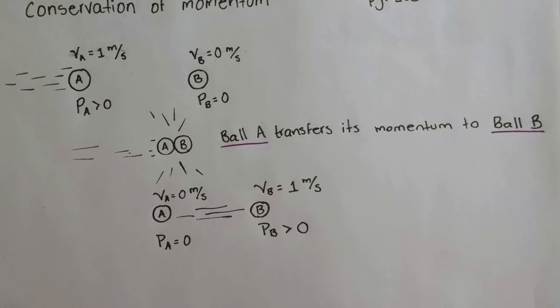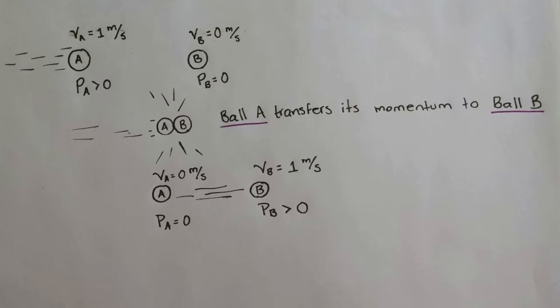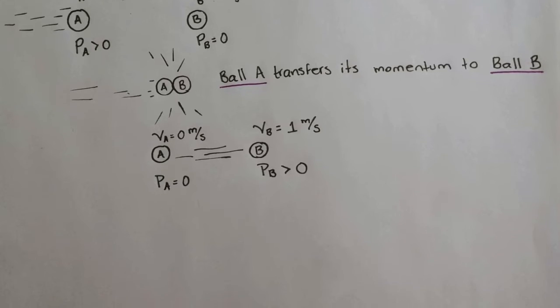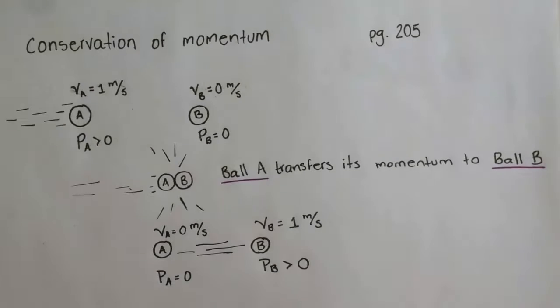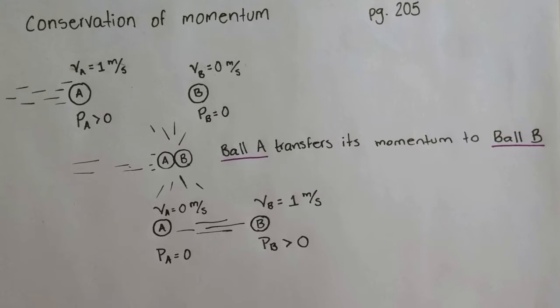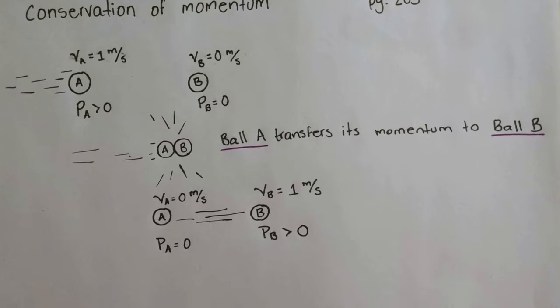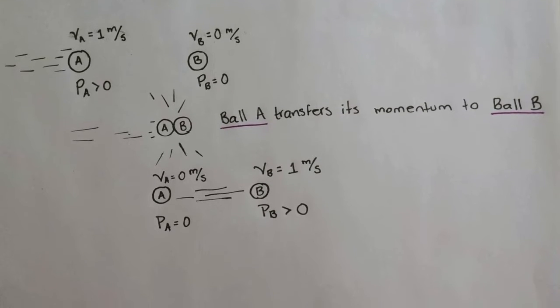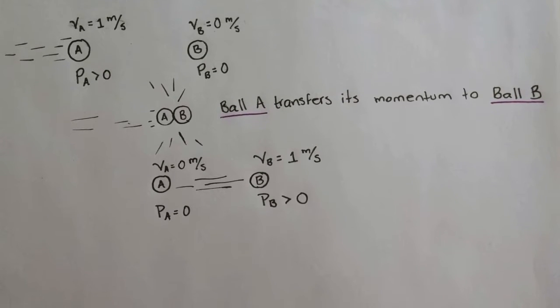Conservation of momentum says that, for example, ball A, which has a momentum, is going to collide. That means it's going to crash into ball B. After the collision, given that both balls have the same mass, all the momentum from ball A is going to be transferred to ball B, and that is what conservation of momentum means.